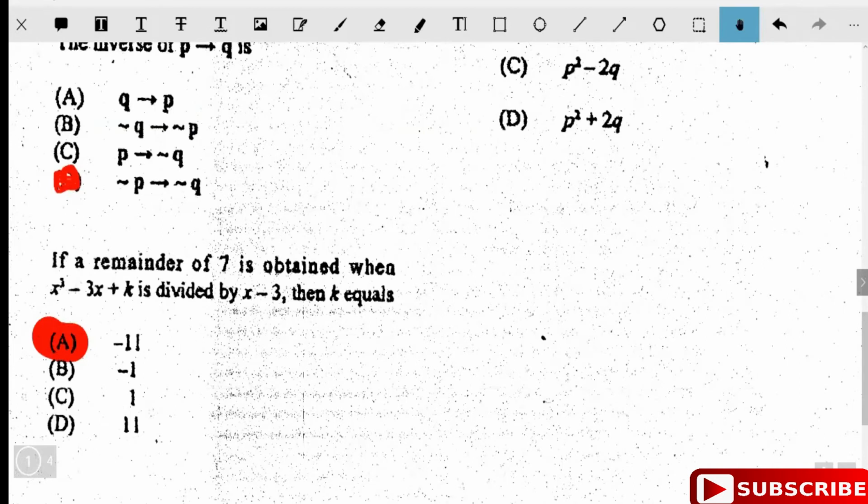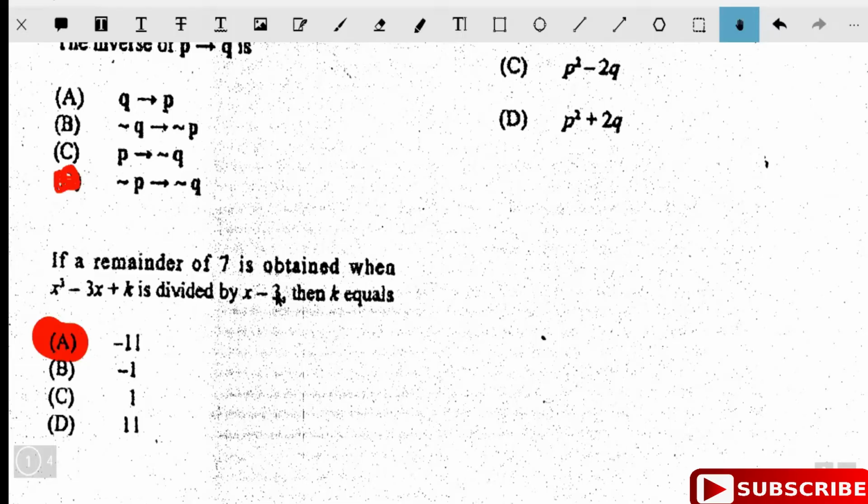This is question 5. It says if a remainder of 7 is obtained when x cubed minus 3x plus k is divided by x minus 3, then k equals minus 11. So how did we arrive at this answer? Using the remainder theorem.